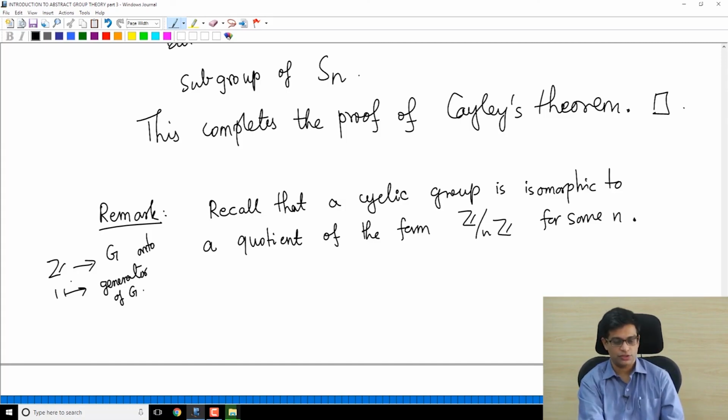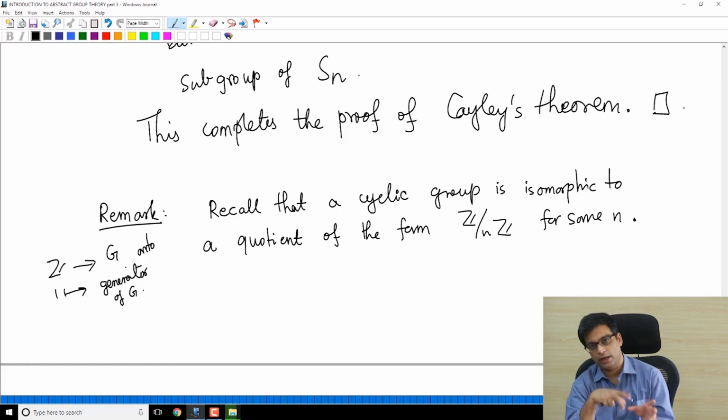So by the first isomorphism theorem, Z mod nZ is isomorphic to G. So this is also a structural theorem. So we are relating an arbitrary cyclic group to something well known.